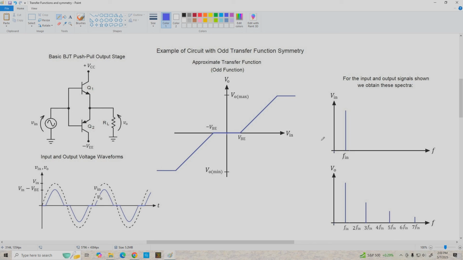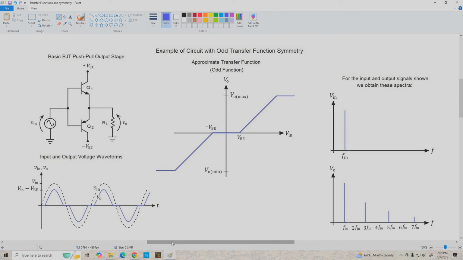Coming over here to look at what's going on in the frequency domain, our input sine wave has one frequency Fin at some particular amplitude, and the resulting output is going to consist of the original frequency plus odd harmonics 3, 5, 7, and so on.